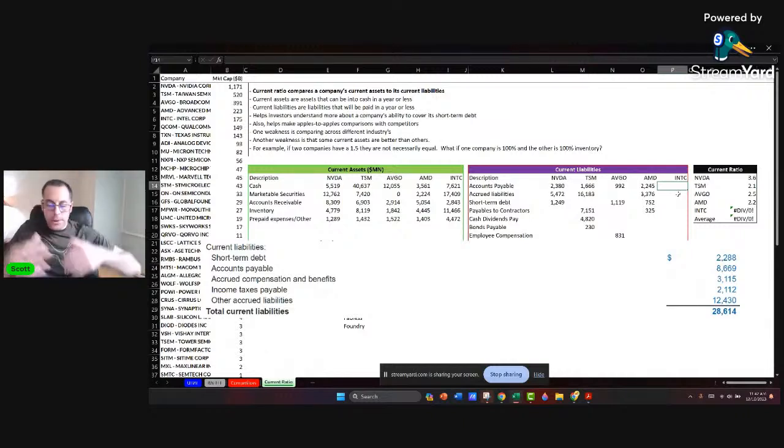But when you put all these things together, current ratio, long-term debt, cash flow, everything, it paints the entire picture. Short-term debt is on top, so maybe this is due soon, within a month or within a week.